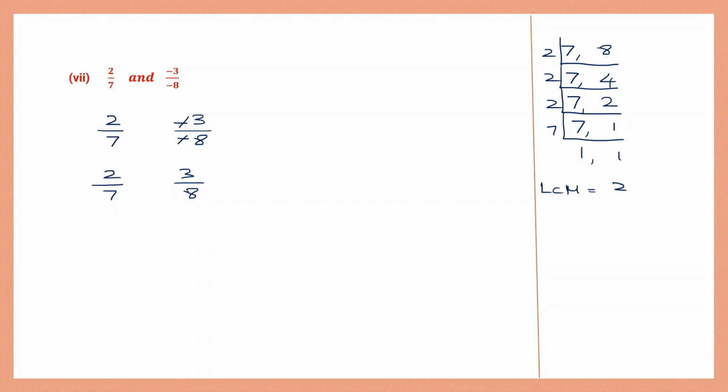So what is my LCM? LCM is 2 into 2 into 2 into 7. 2 2s are 4, 4 2s are 8, 8 7s are 56. So for my first rational number, my denominator is 56. My second one also, my denominator is now 56. 7 into what is 56? 7 into 8. So multiply this also by 8. 8 2s are 16.